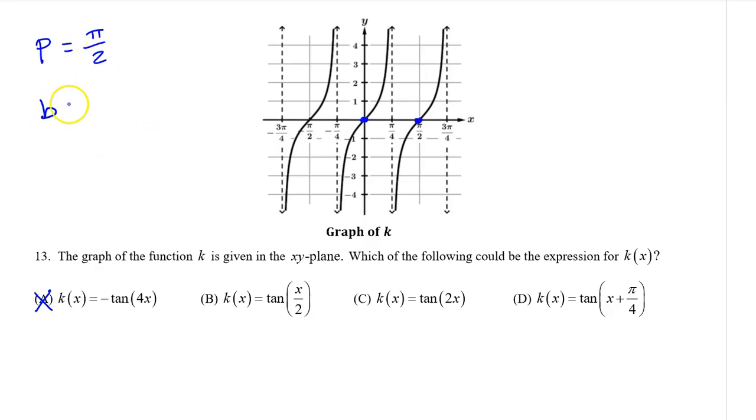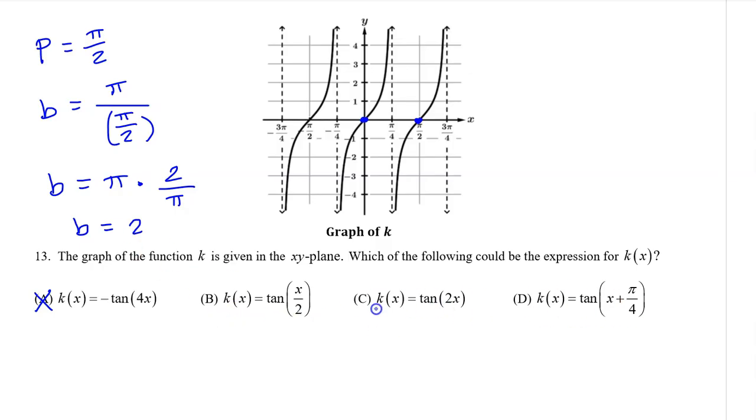The b value is given by pi divided by the period for the tangent function. So that's pi divided by pi over 2. When you divide by a fraction, you multiply by the reciprocal. So b is equal to pi times 2 over pi. The pi's cancel out because we have one high and one low, leaving a b value of 2.